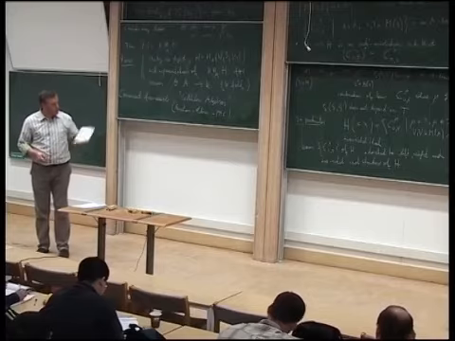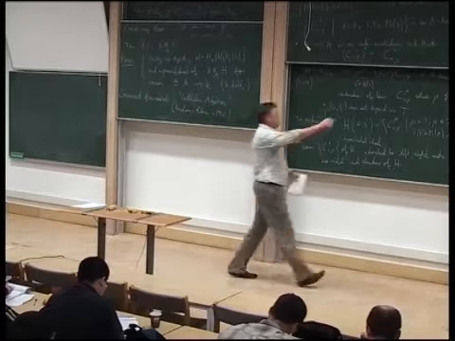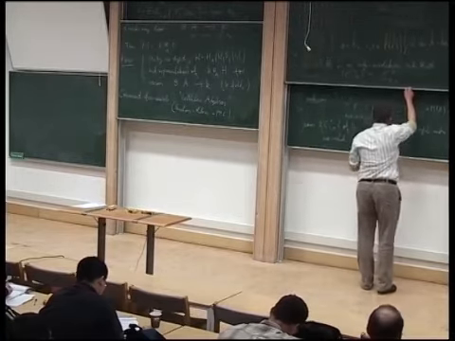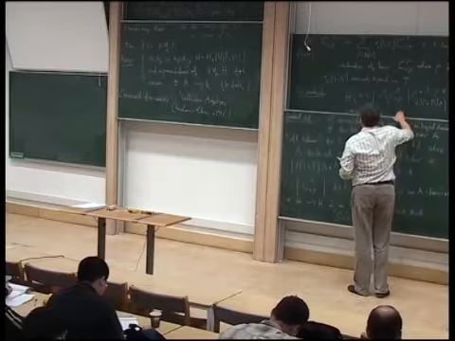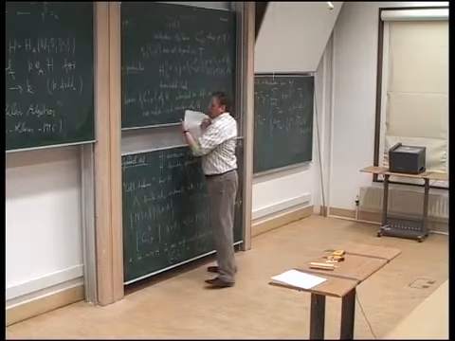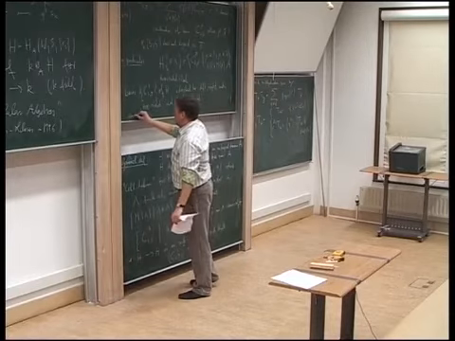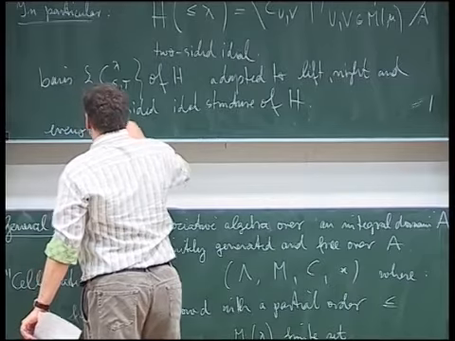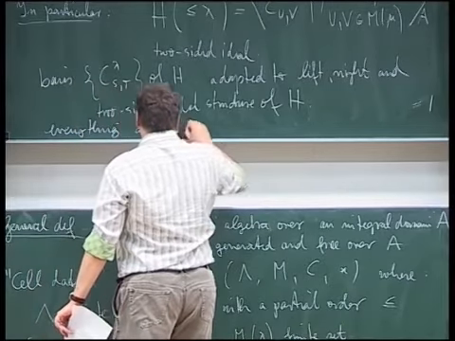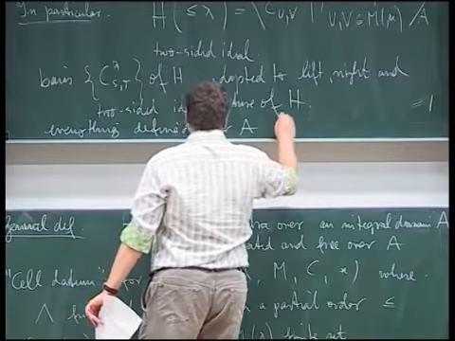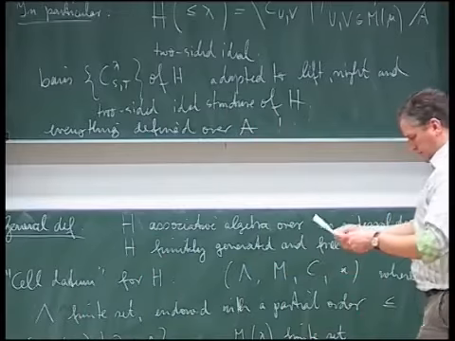The point here is to do this over this ground ring A. Everything is defined over A. It's an important condition here.